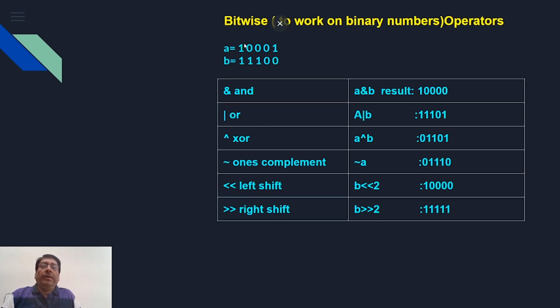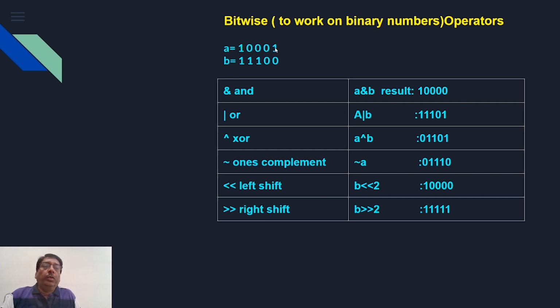Similarly, we have bitwise operators. Bitwise operators normally work on binary numbers. For example, say you have the values for A and B as binary numbers. Then you can write ampersand, which is the AND operator, and work in this fashion: A ampersand B, that is A and B. It is as good as performing the AND operation between the values given over here.